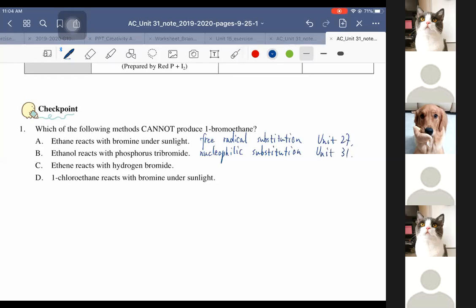And then for part C, ethene reacts with hydrogen bromide. Again, we have learned this. That's the electrophilic addition reaction. Again, it's taught in Unit 27. So yes, your answer is correct. It should be D.